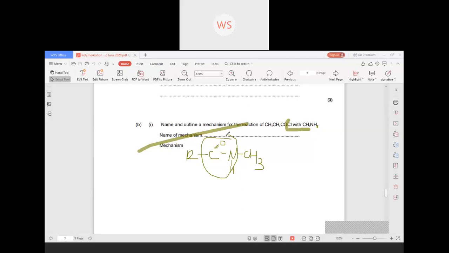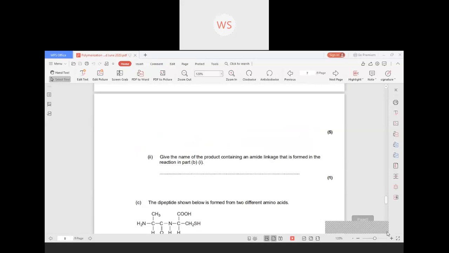So that means there is addition, then elimination. Eliminate the chlorine, so that means it's substitution. Exactly. So this becomes nucleophilic substitution. Exactly. Too many reactions, already getting confused. Yes, because of the Cl.